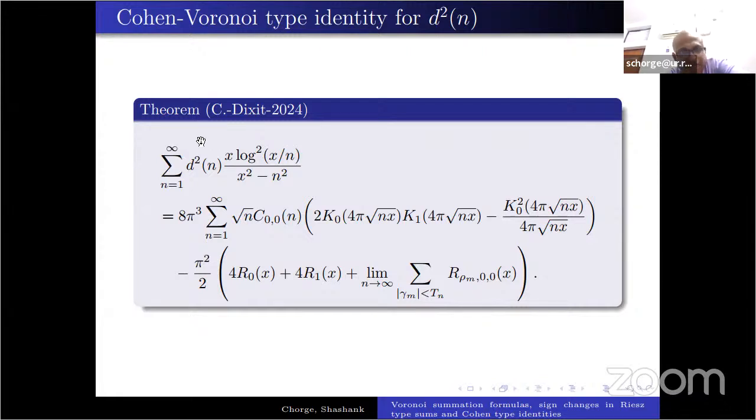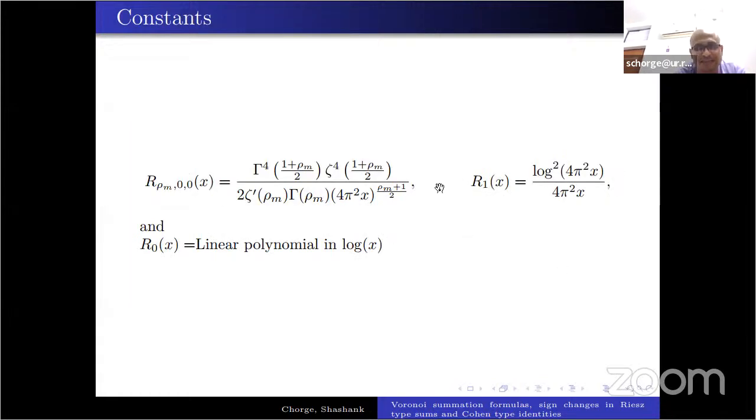So the same idea, if we use it for d square, the Cohen-Voronoi type identity looks like this. Here k is the Bessel K function, and these are residues of the zeta function and gamma function, whatever residues we encounter. They have explicit representations in the following slide. But the problem appears because of this type of series.